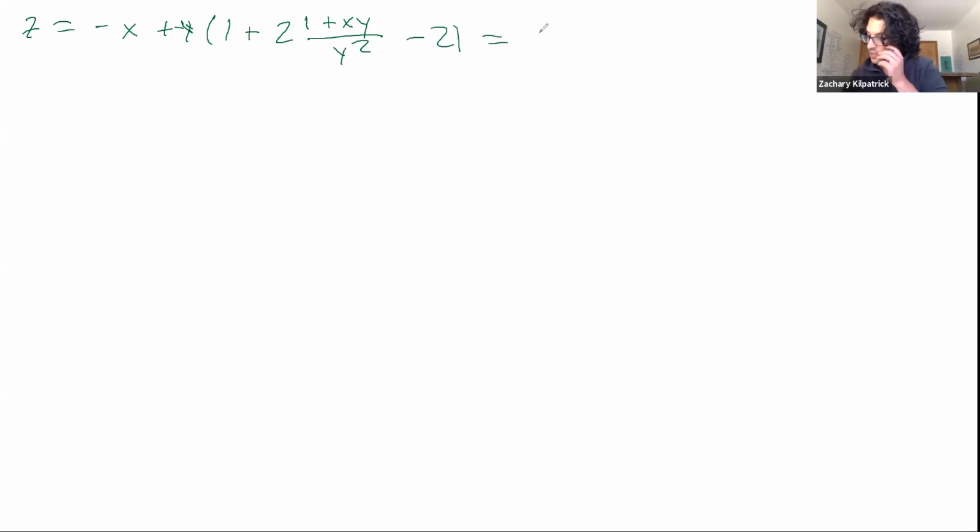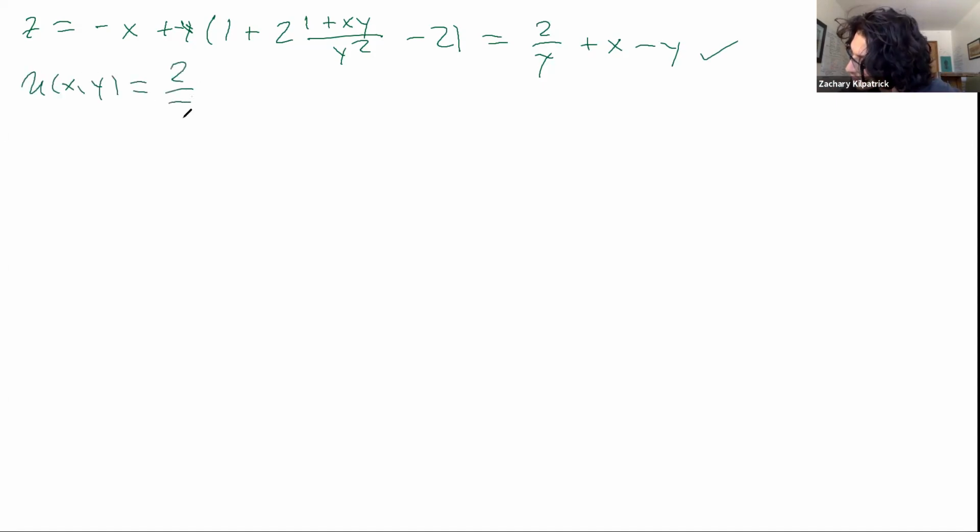Or in other words, this simplifies down to 2 over y plus x minus y, okay? So that's my solution then. So I get u of x, y equals 2 over y plus x minus y, okay?